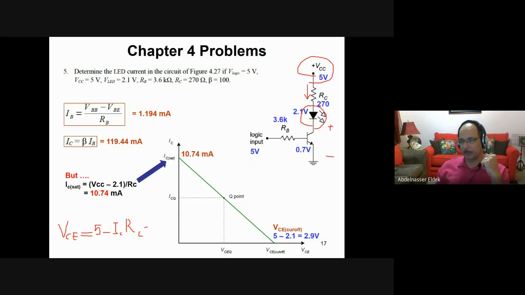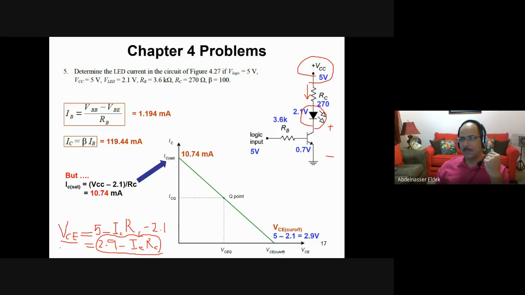Then you have to subtract those, minus 2.1 volt. Then actually VCE is 5 minus 2.1, which is 2.9. So it's 2.9 minus IC RC. Okay, so this is the relation between the VCE and IC.